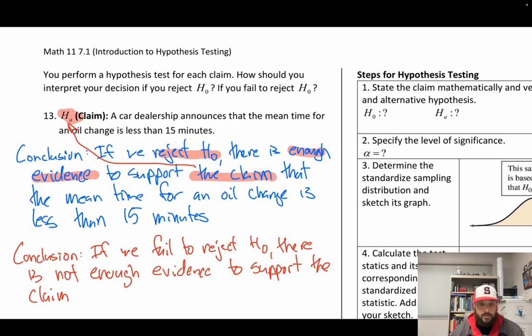So this time there's not enough evidence to support the alternative hypothesis, so therefore we're going to fail to reject our null hypothesis, that the mean time for an oil change is less than 15 minutes.